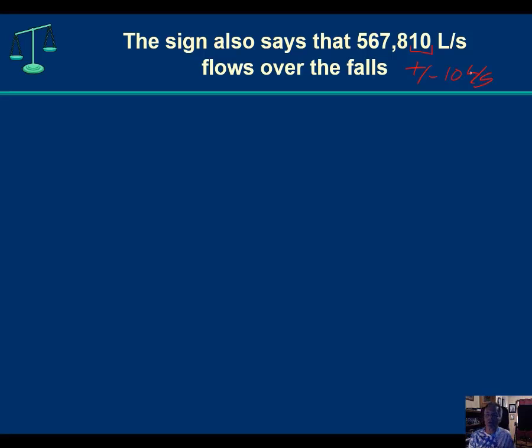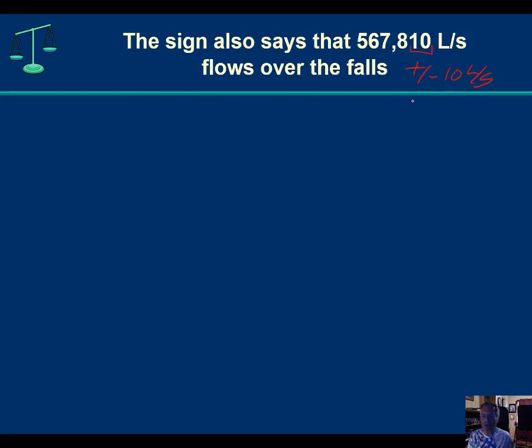So a liter is a smaller unit of volume than a gallon, and again, time is measured in seconds. So how can we equate going from plus or minus 10,000 gallons per second to plus or minus 10 liters per second?